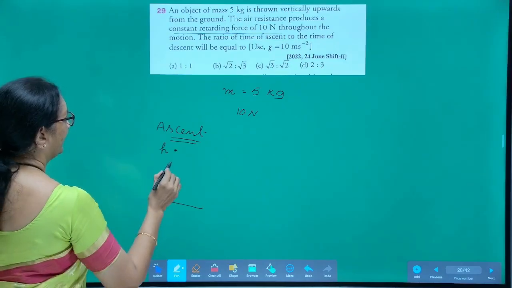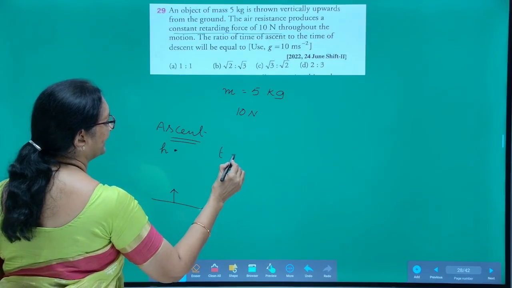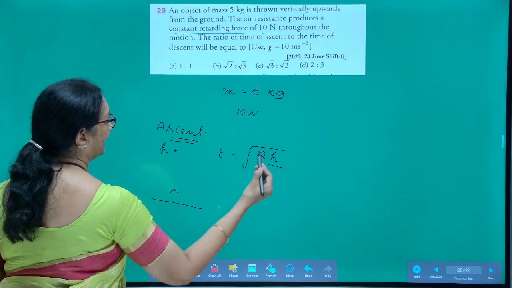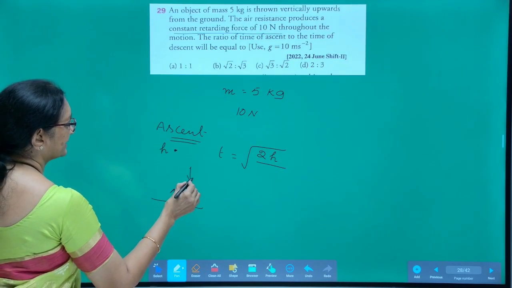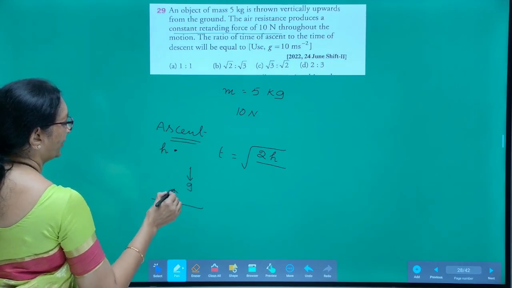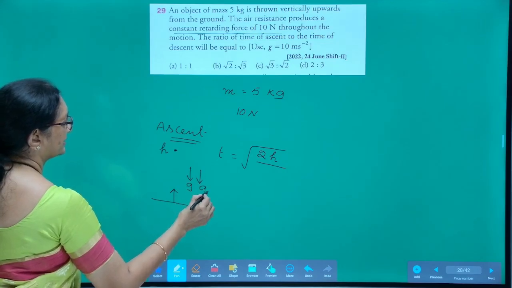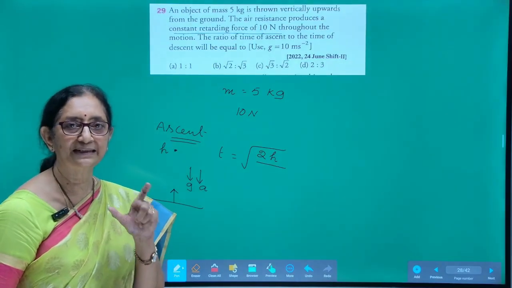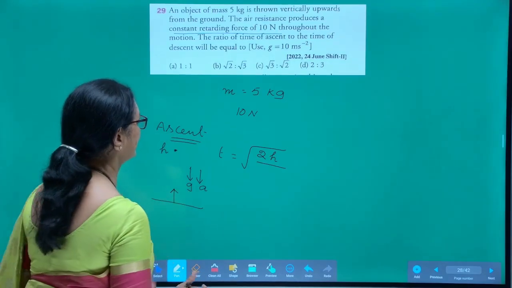Okay. So, here what is its time of ascent? It is square root of 2h by, what is the formula? g is in this direction. As the body is moving in the upward direction, acceleration is also in the downward direction. That is, retardation produced due to the air resistance is downwards.